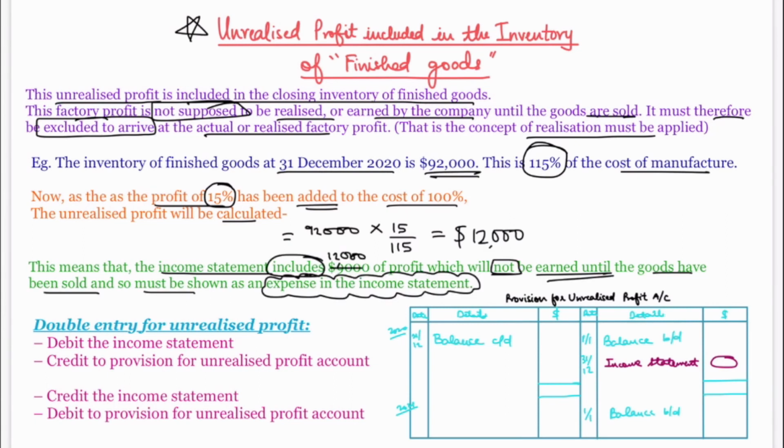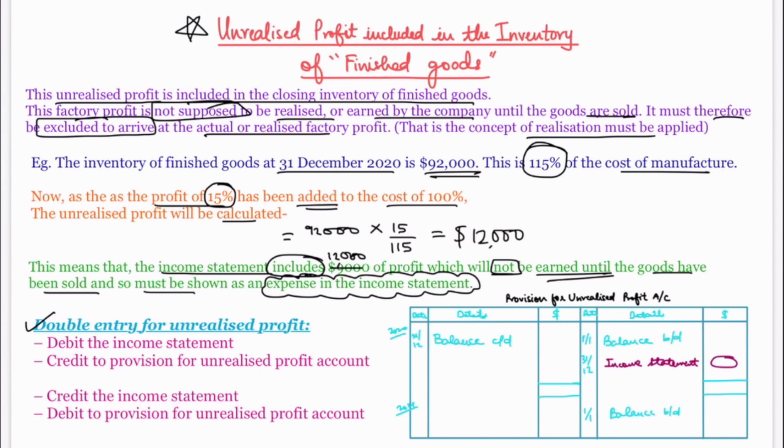So this means that the income statement includes $12,000 of profit which is not to be earned until the goods have been sold, and so must be shown as an expense in the income statement.